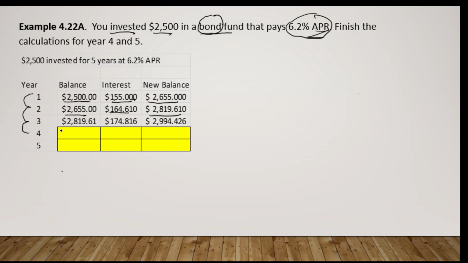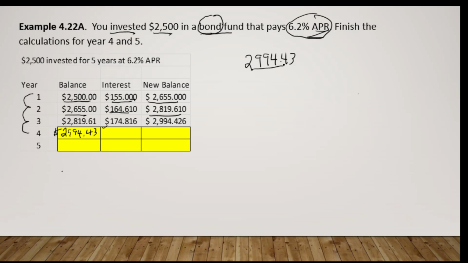Now for year 4, what is your starting balance? And you should have said, well, it's 2994.43. So you have 2994.43. Now, how much interest are you going to get in year 4 based upon your new balance?